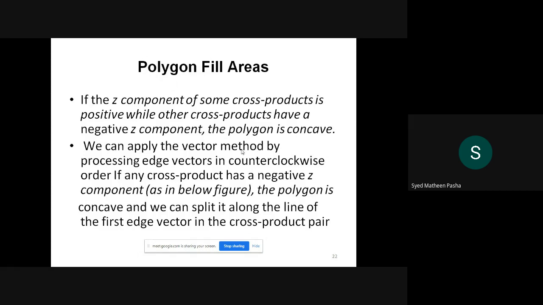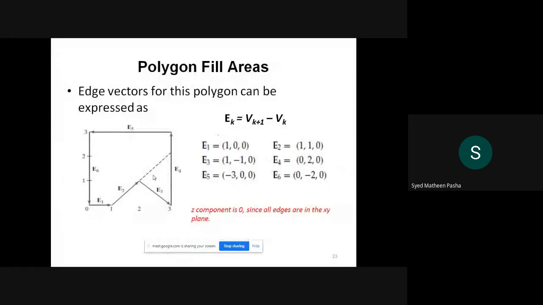Hence, when some cross products are positive while other cross products have negative z values, then the polygon is concave. We can apply this vector method by processing edge vectors in the counterclockwise direction, that is nothing but anti-clockwise direction, so that the cross product has a negative component, and I can tell that particular polygon is a concave polygon, which is being represented in this form.